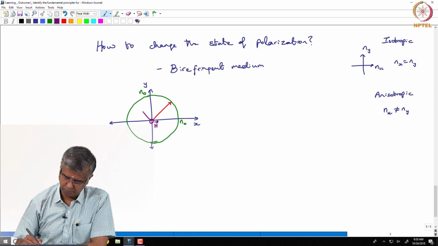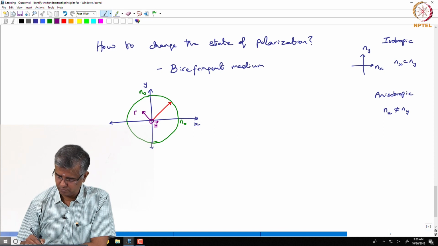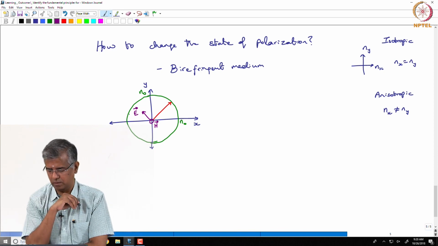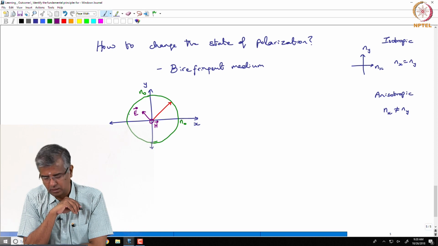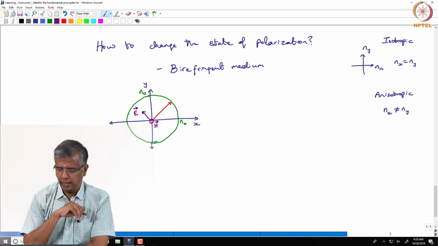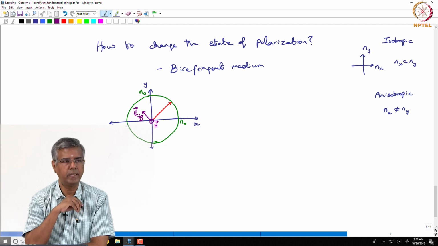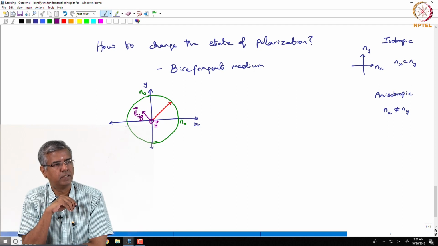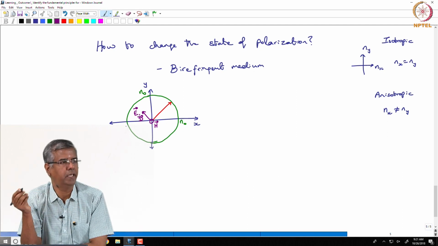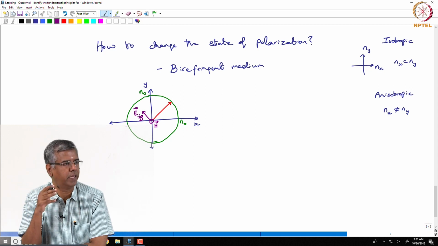The electric field will be perpendicular to both the magnetic field and the direction of propagation. If you consider the displacement vector, which is epsilon times E, that will also be in line with the electric field.